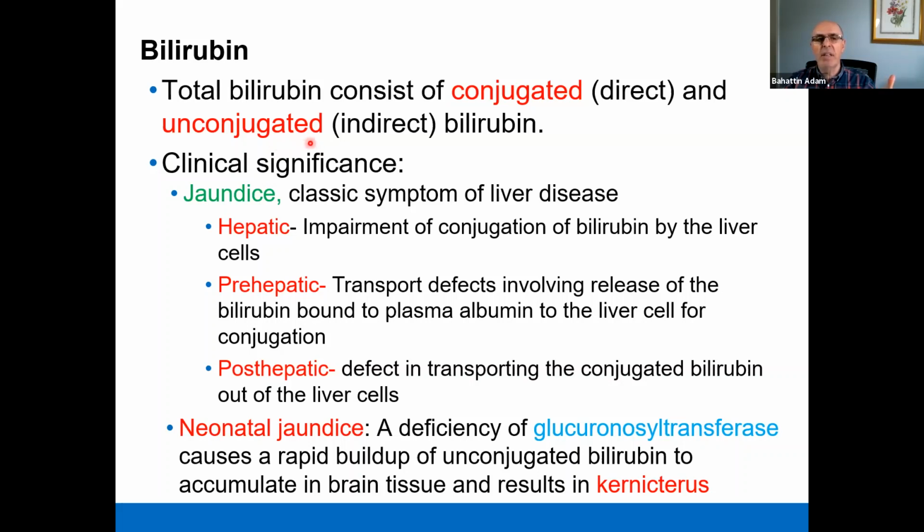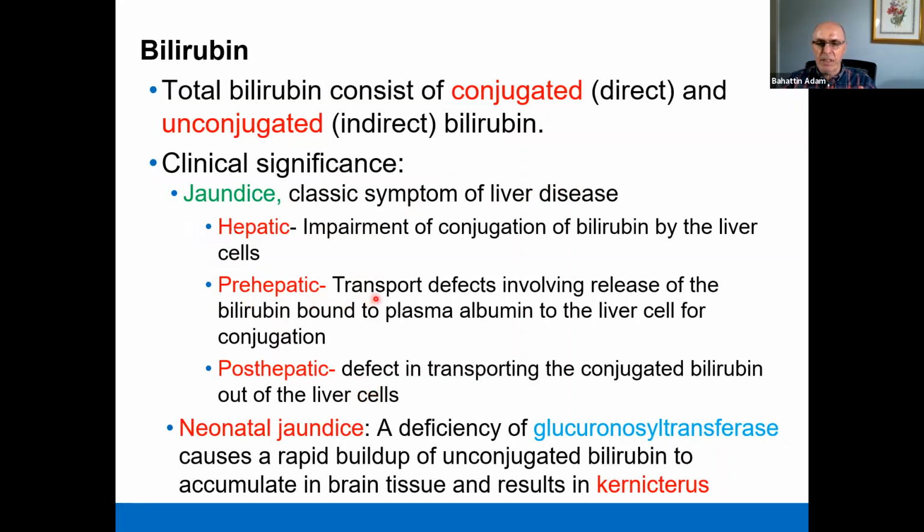Unconjugated bilirubin is known as indirect bilirubin. In jaundice, which is a classic symptom of liver disease, the bilirubin level is increased. The jaundice can be either hepatic, which is a problem within the liver, or prehepatic or posthepatic.